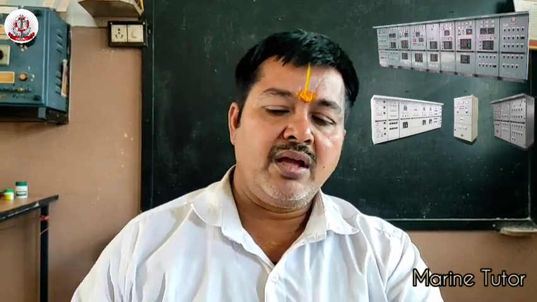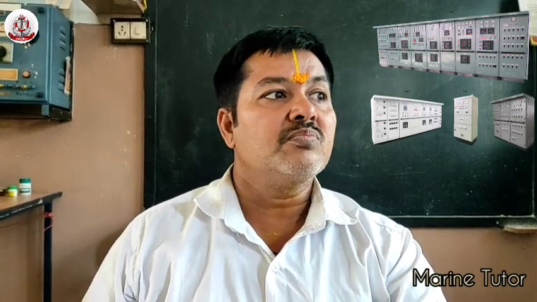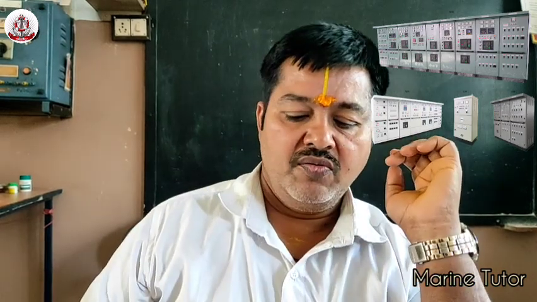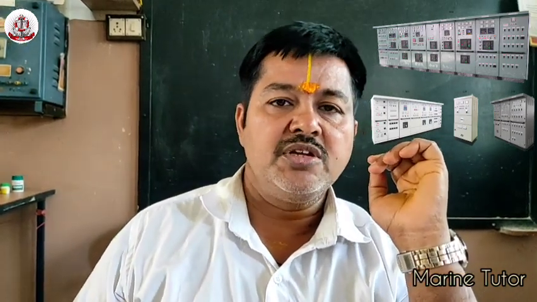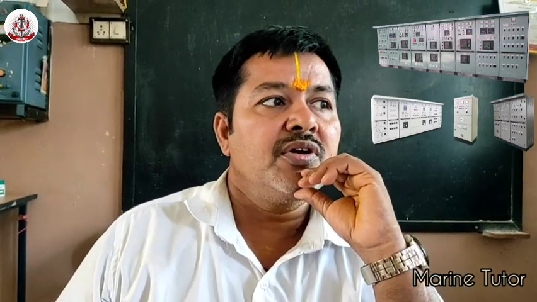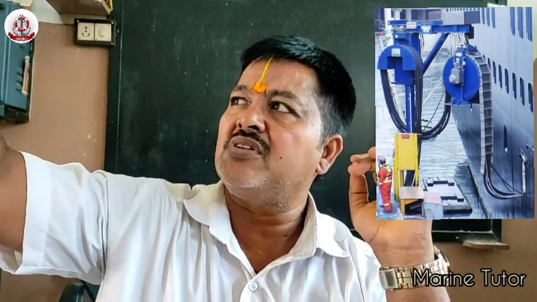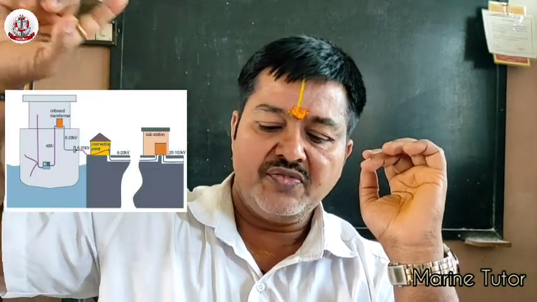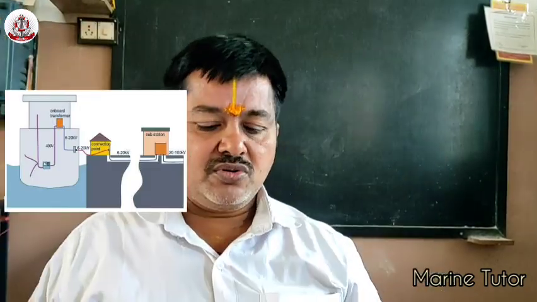To maintain balanced power supply, we need the MSB, and only for emergency purposes we need the ESB, that is the emergency switchboard. So most probably we will be using the main switchboard. The main switchboard is like our home current, and emergency lamps are used, that is the emergency circuit board.